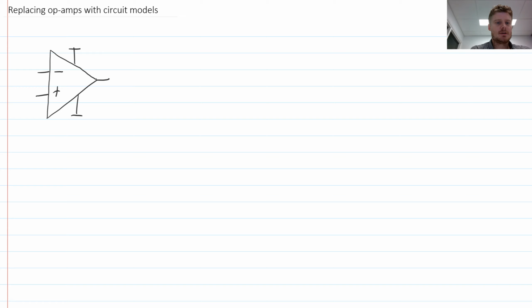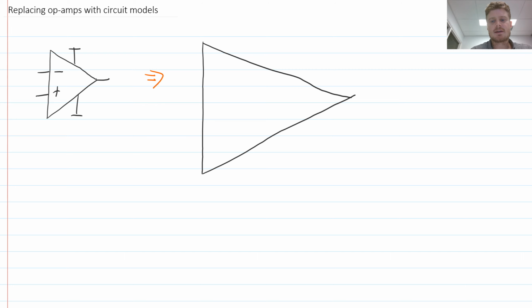Last week when we talked about op amps, we said that you could think about the internals of an op amp as behaving kind of like this equivalent circuit. So a circuit where there's some resistance that connects together the input terminals. We'll call this Ri for the input resistance.